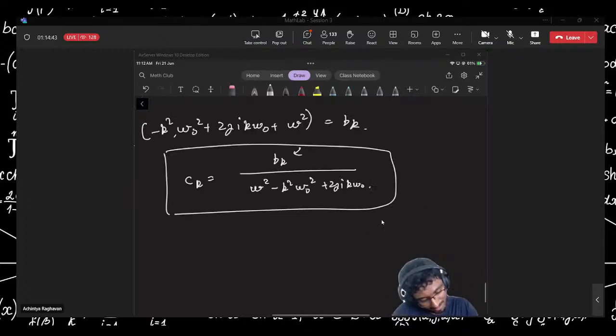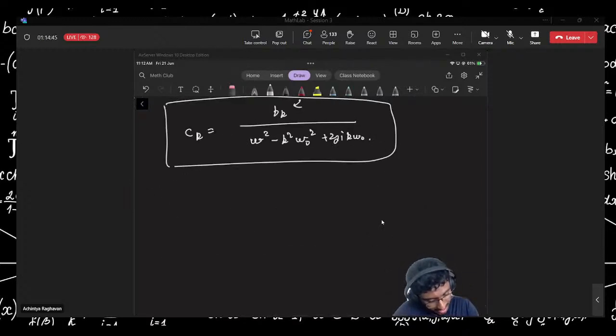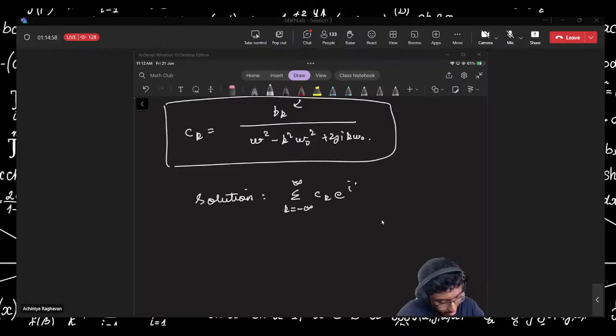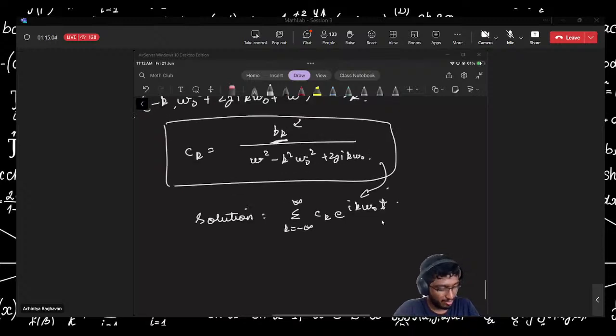So this is ck, and our solution is the summation ranging from minus infinity to infinity of ck e power ik omega naught t. We know what ck is in terms of bk, and bk is a given quantity. This is how we would solve it.